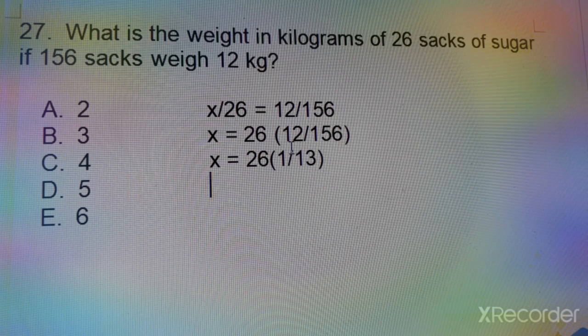Next, X is equal to 26 times 1 equals 26 over 13. Then your X is equal to 26 divided by 13, which is 2. So your answer is letter A, 2 kilograms for 26 sacks of sugar.